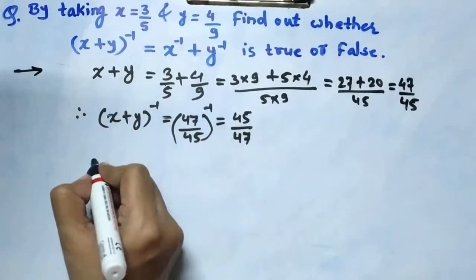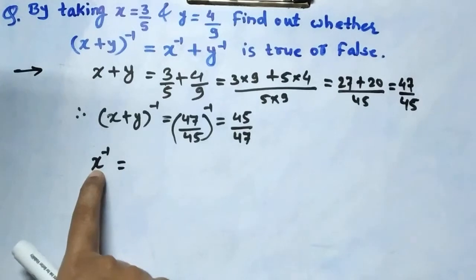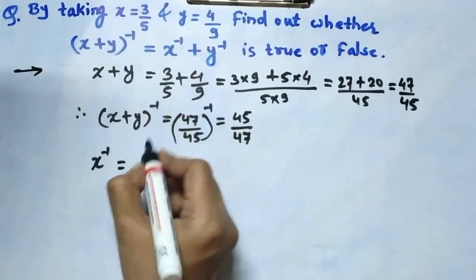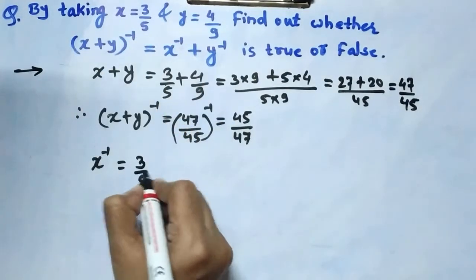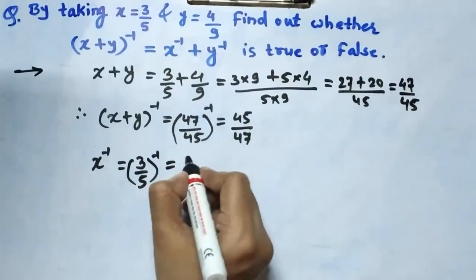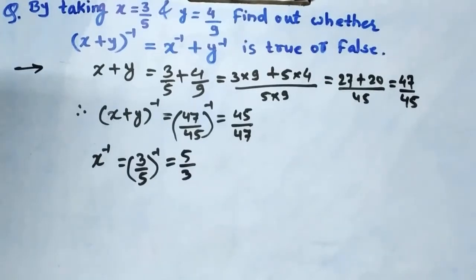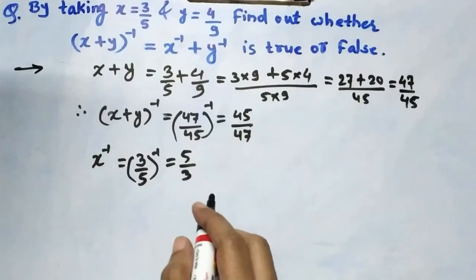Now we will take the RHS. Individually, first x to the power minus 1 means we need to take the reciprocal of x. The value of x is 3 by 5, and its reciprocal is 5 by 3. Afterwards we'll take the reciprocal of y.